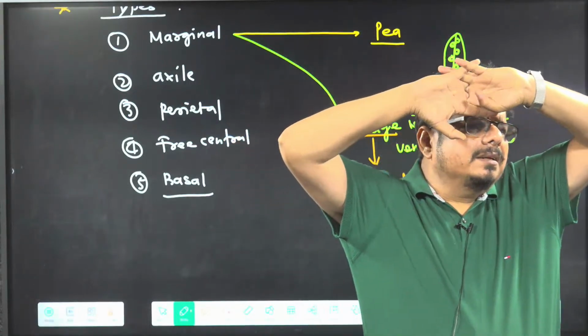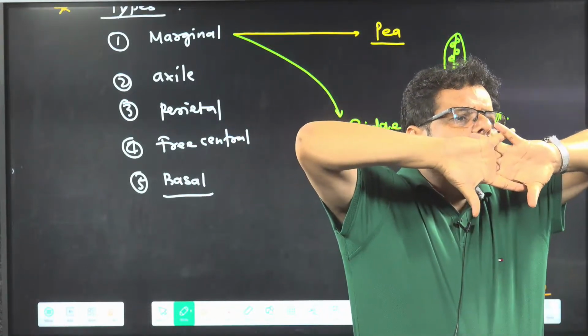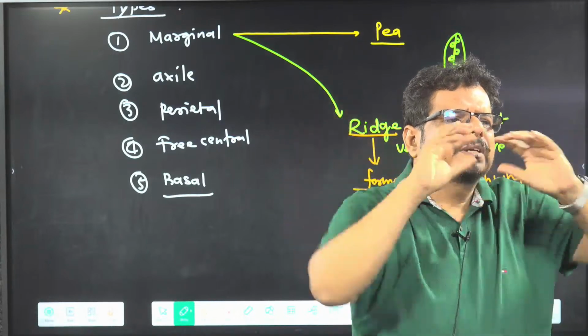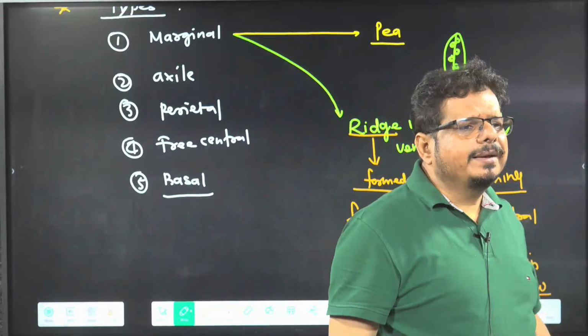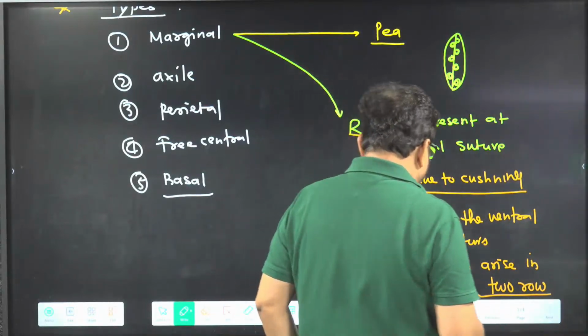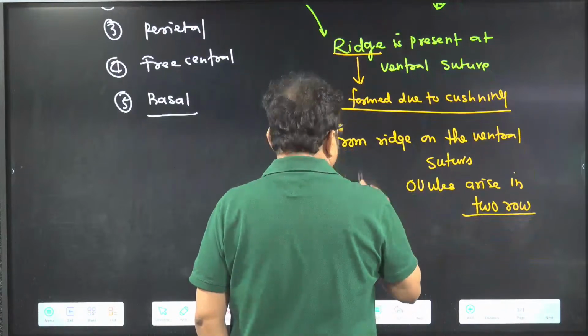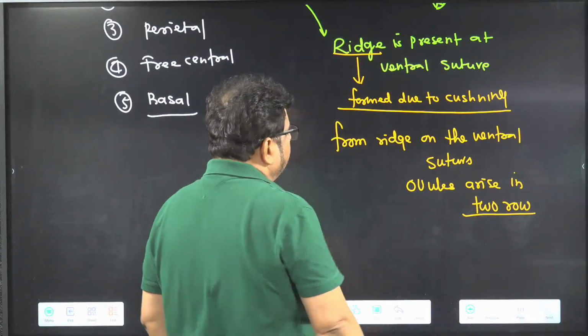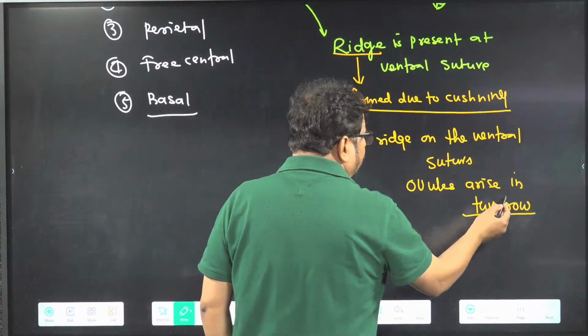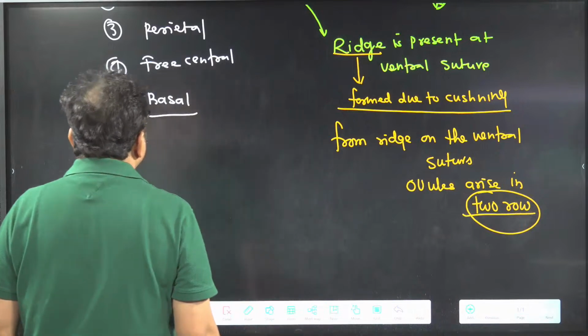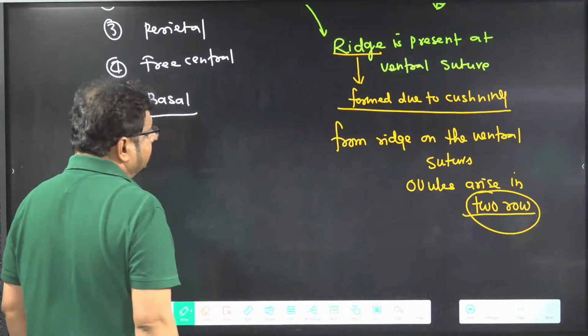Are you finding something? Some joint is there, here also a joint is there. This is a suture. These are stitches. Getting the idea or not? So ovules arise in which rows? 2 rows. Clear? So this is about the marginal placentation.